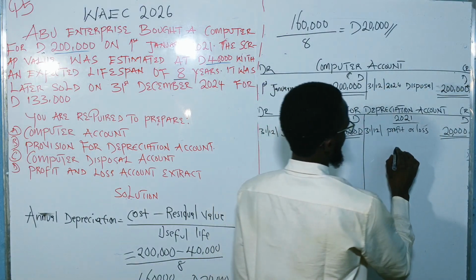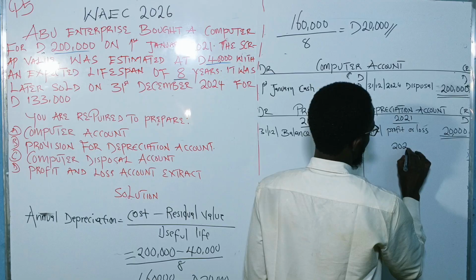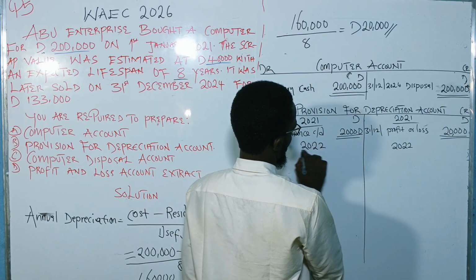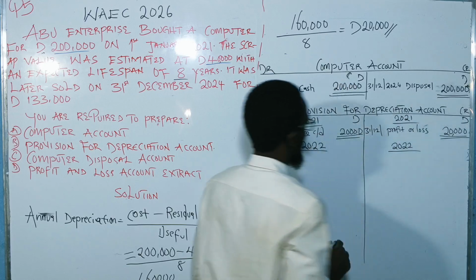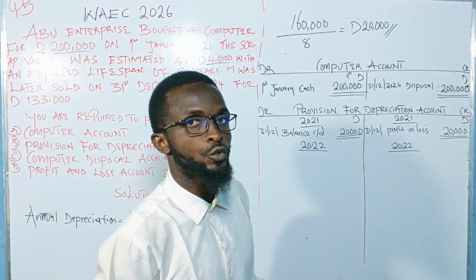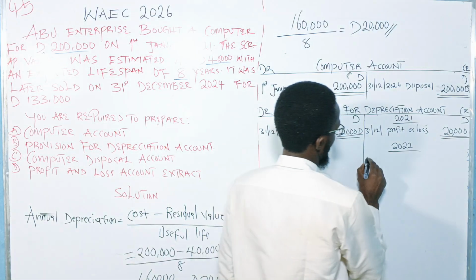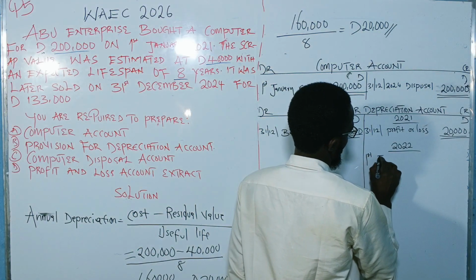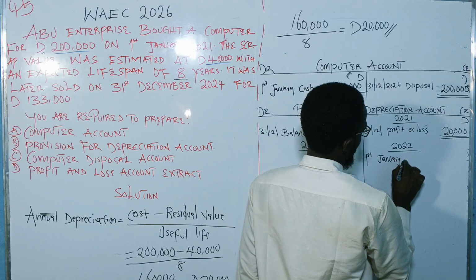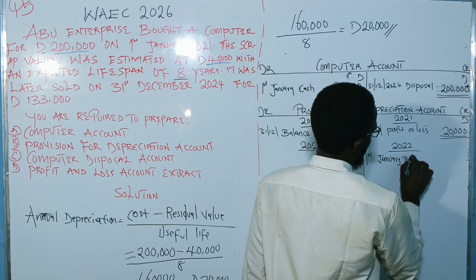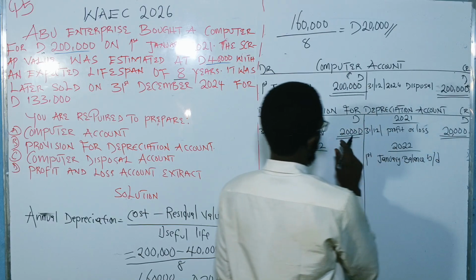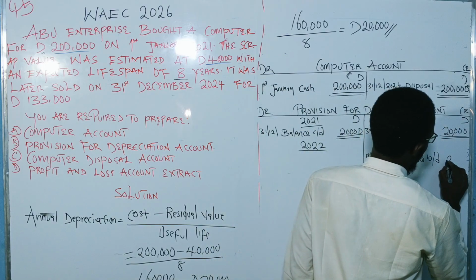You come and start your 2022. You bring this balance c/d as your balance b/d in 2022. That is your 1st January balance b/d. This 20,000 is your balance b/d now.